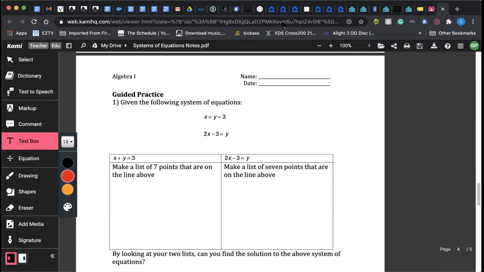All right, yeah, let's look at these systems of equations. Maybe this will help clear up some of that. Okay, let's see. I'm going to start not with graphing, but with substitution.